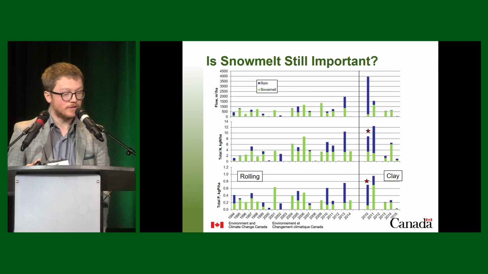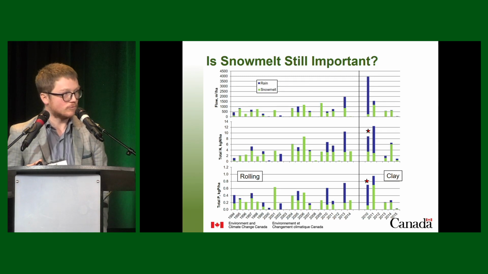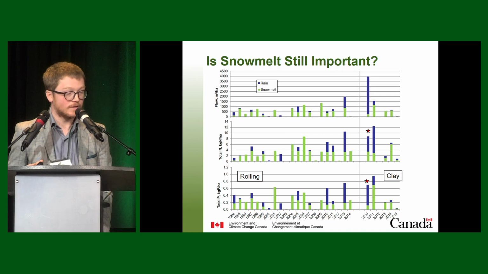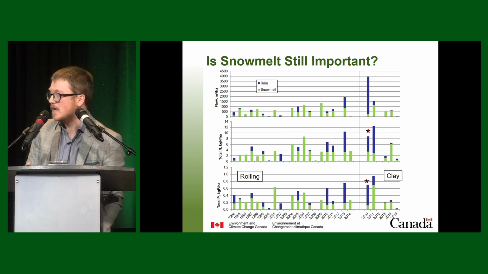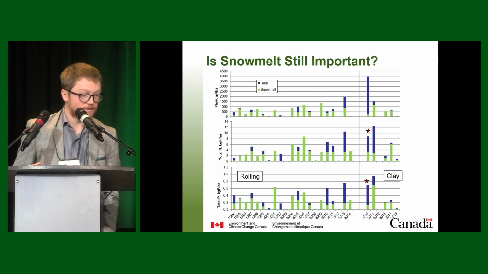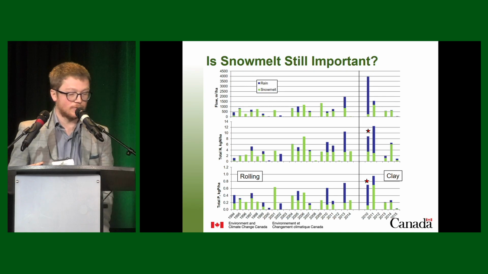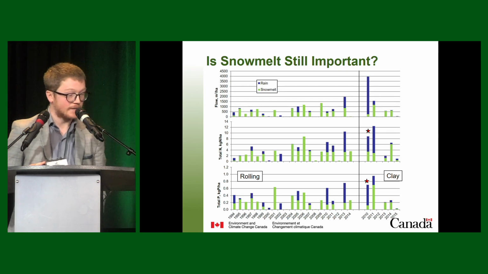And so you can very clearly see in the top figure with flow the dominance of snowmelt runoff across the majority of the time periods, with the exception of course of a few wet years where we start to see substantial rainfall runoff. And this really carries through to what we're seeing in terms of the load of nitrogen and phosphorus, where again we're seeing in general the dominance of that snowmelt.